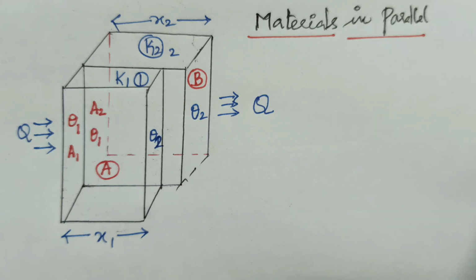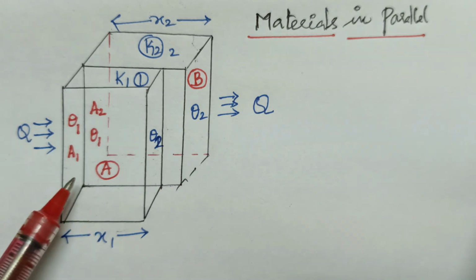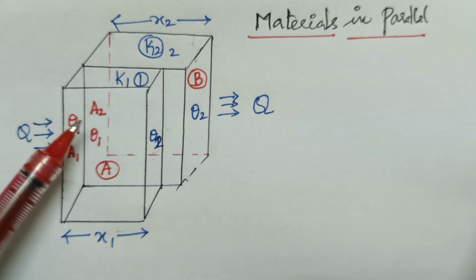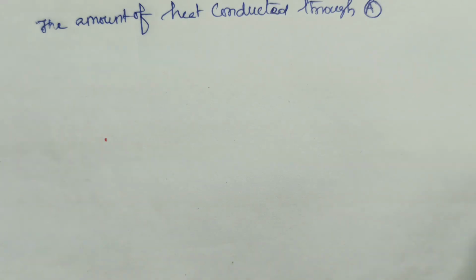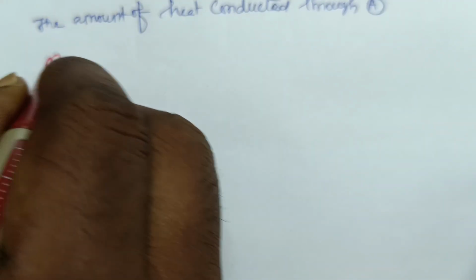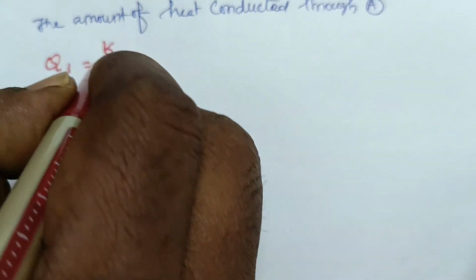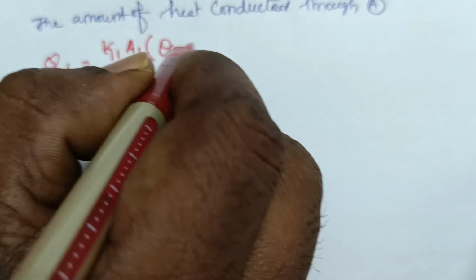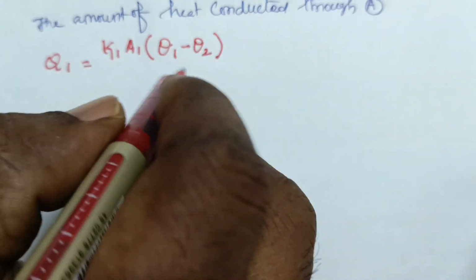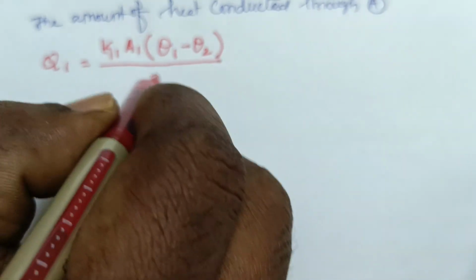Now already you know the amount of heat flowing through the first medium. Here, in parallel, there is a first medium and a second medium. The first medium is A. The amount of heat conducted through A, already you know, is Q1 is equal to K1 A1 into theta 1 minus theta 2 divided by x1.